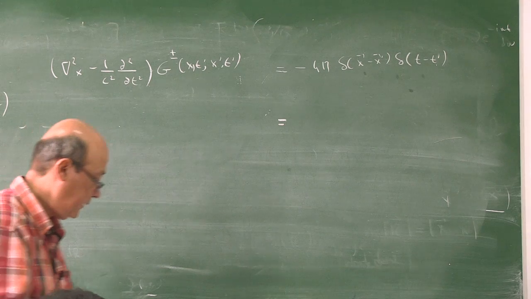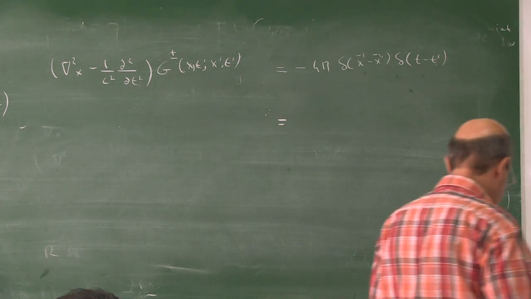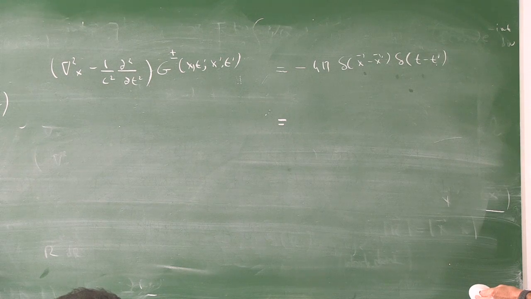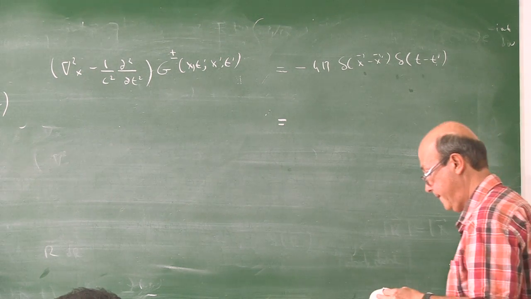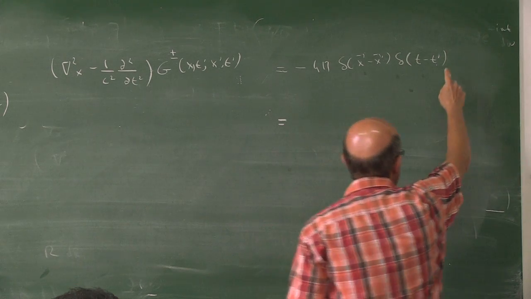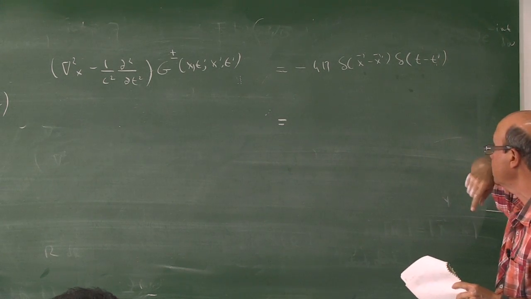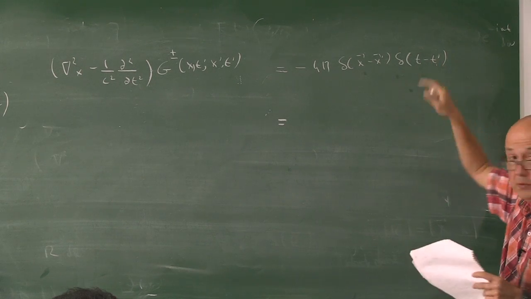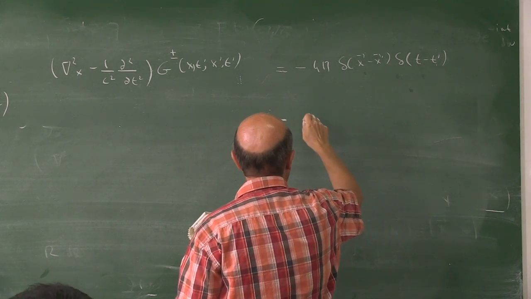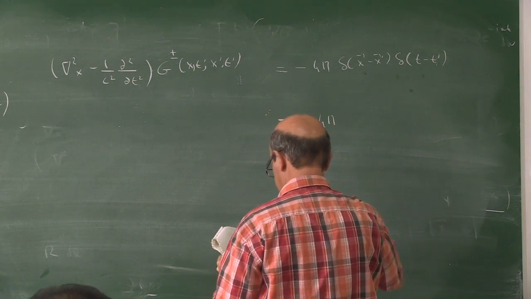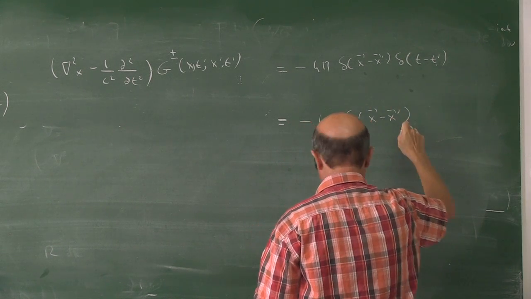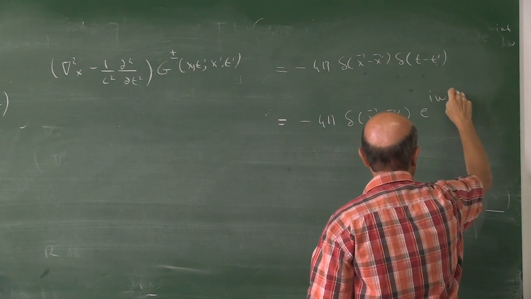And what are you going to obtain? If you multiply by e to the i omega t and integrate over t, instead of t you will put t prime. So your right-hand side, if you take the Fourier transform, will be 4 pi delta x minus x prime e to the i omega t prime.